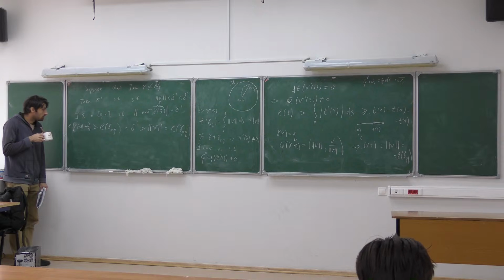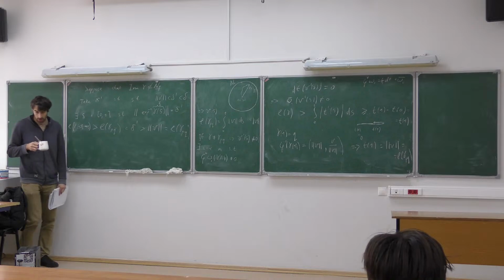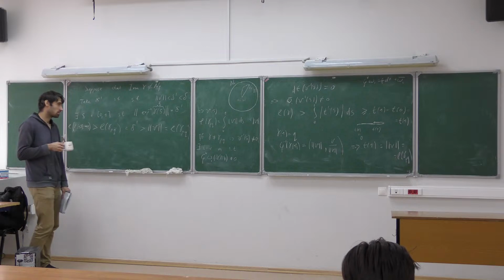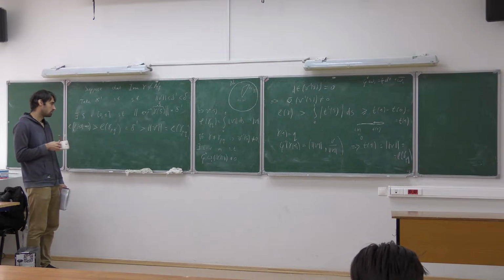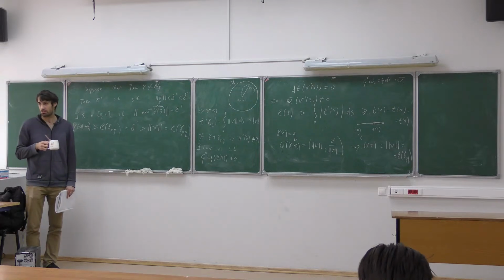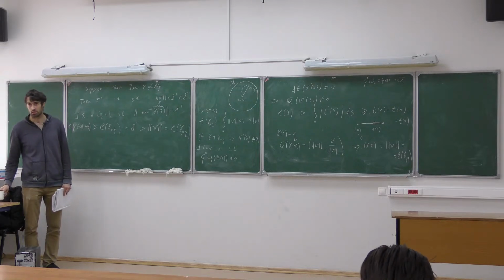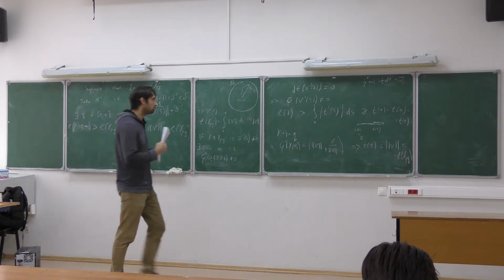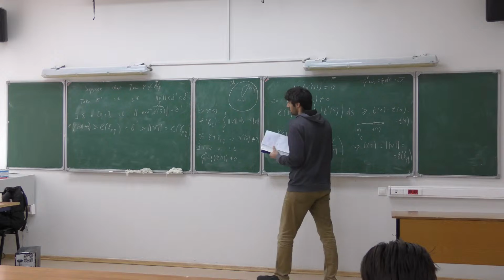You need this map phi to be a diffeomorphism onto an image, but I guess that's not a big problem. I don't see any technical obstructions. Maybe there are, but they don't come to mind right now.